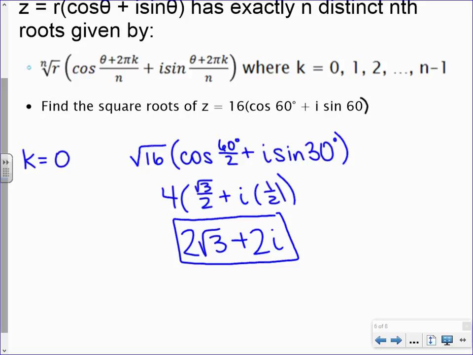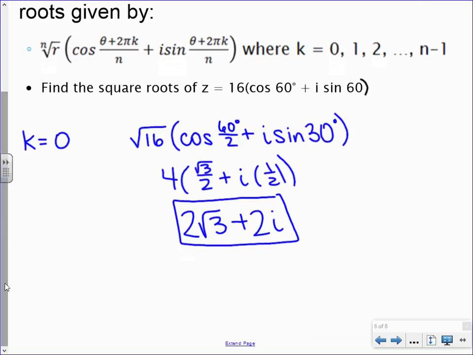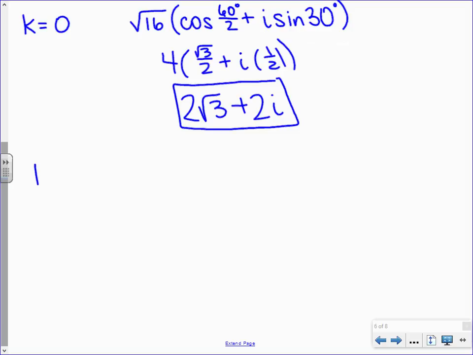Sure can. All right, so now we need our second square root, which means we're going to plug in 1. So we have radical 16 times the cosine of, now, we have our angle, it says plus 2 pi k.